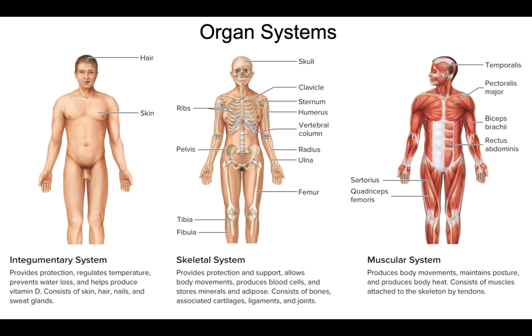All right, so chapter 5 is when we get into our first system called the integumentary system. The integumentary system is your skin and associated structures that are in your skin, such as hair, fingernails and toenails, and glands like sweat glands and oil glands.